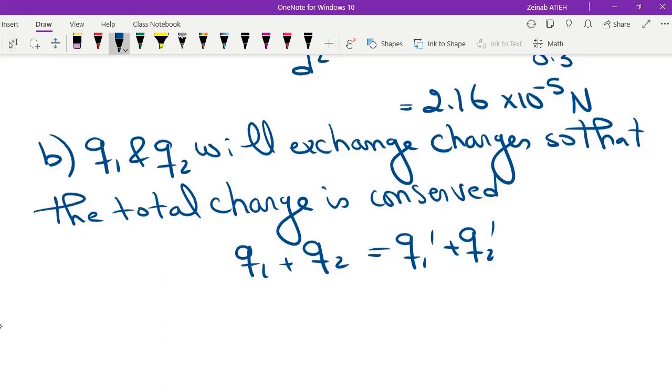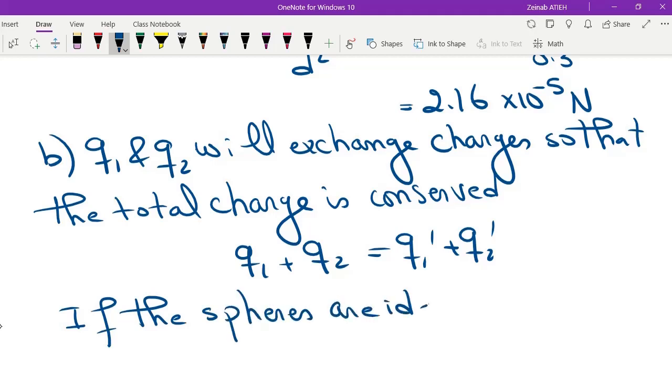So if the spheres are identical, as in our case, then Q1 prime is equal to Q2 prime. I will call it Q prime.